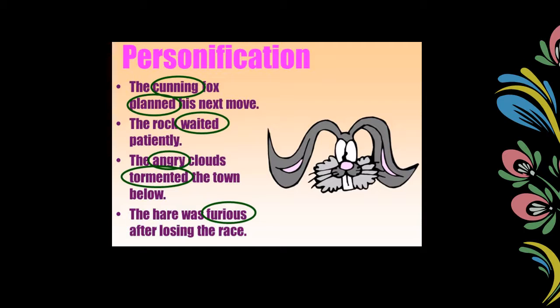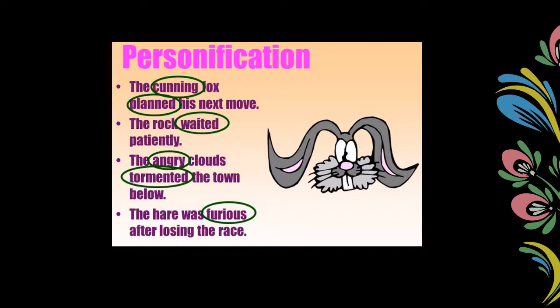Next, the angry clouds tormented the town below. Angry clouds. Do clouds get angry? Of course not, right? So you give person characteristics to clouds. So what do we mean by this sentence? The angry clouds. There is a strong or heavy rain or there is a thunderstorm. Next, the hare was furious after losing the race.